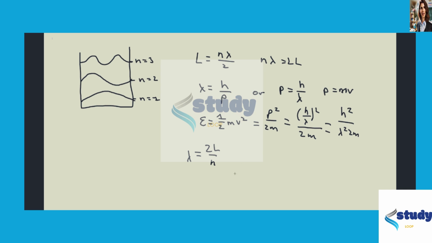So we get the energy, E sub n, is equal to h squared over 2L over n squared times 2m, which is equal to n squared h squared over 8mL squared, QED.